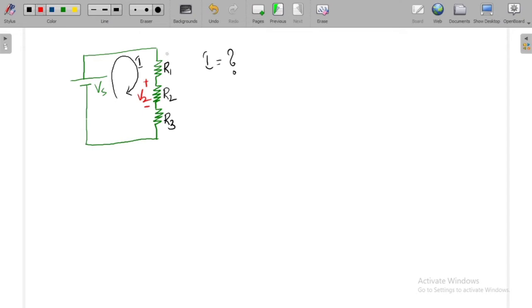Before finding I, first let us know basically what is Ohm's law. How can I find V2, which is voltage across R2? It is the product of current flowing through the resistor R2 and the resistance R2. I times R2 is nothing but voltage. Now how can I find I?